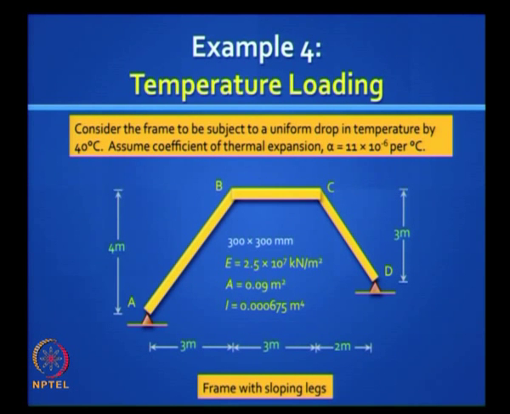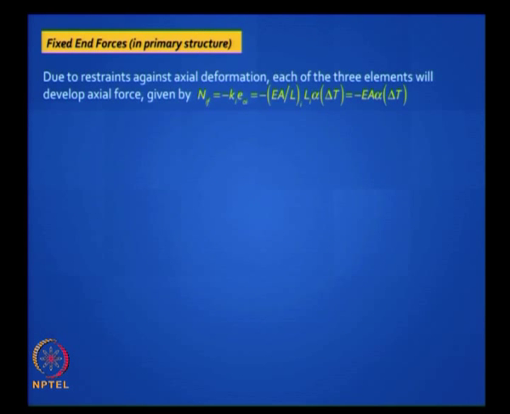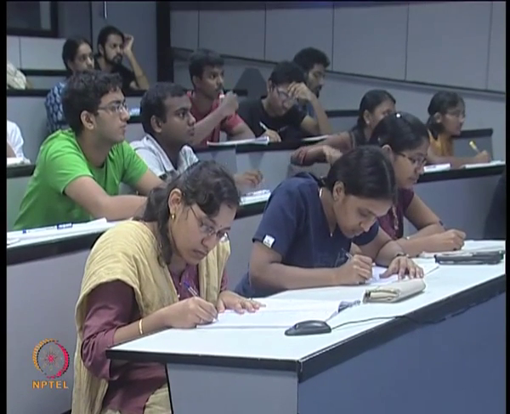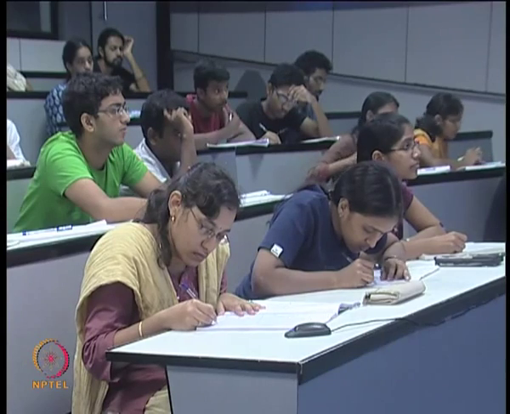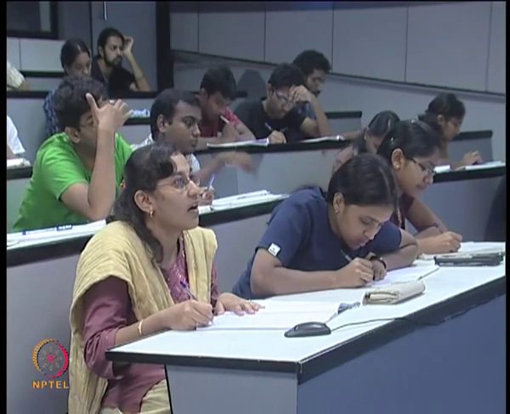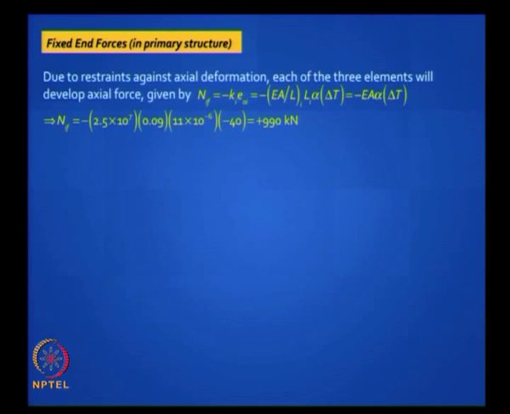So with E, A and L, can you work out what that force is? That is it. E A alpha delta T, delta T is minus 40 degrees Celsius, you get a huge value, right? 990. So 990 is not a small value, it is a huge axial force.